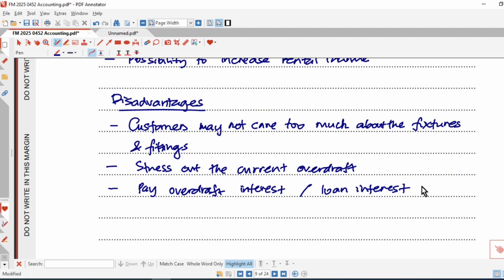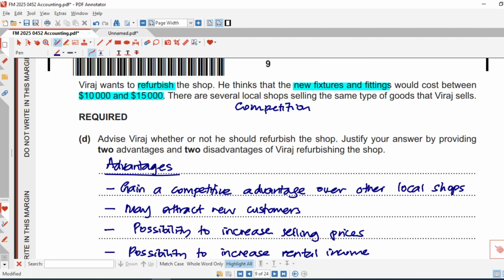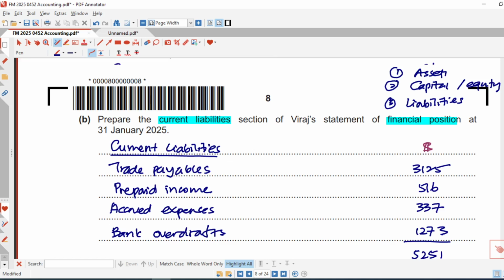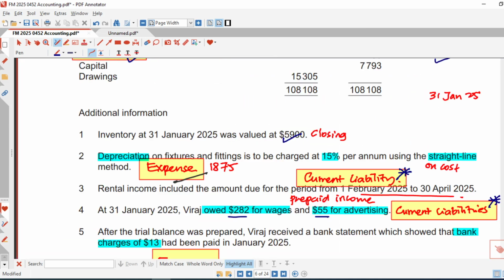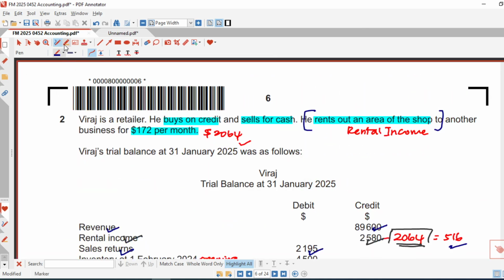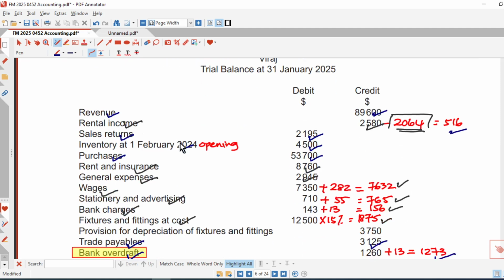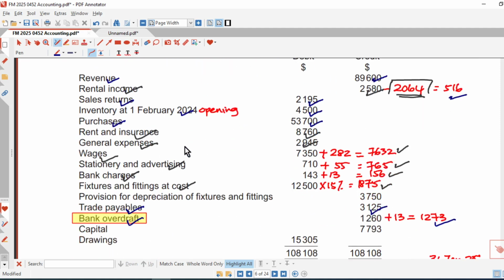So there's also one more point here, and this is actually a good point that most people may not see, right? Most people may not see this point, and I'm going to point it out to you. Can you have a look into the provision for depreciation of your fixtures and fittings?